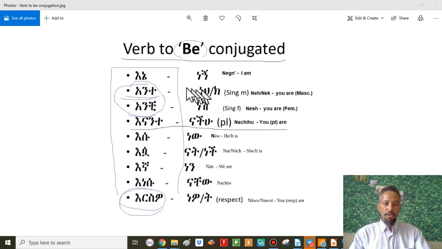I am using purely the Amharic, with the understanding that you have studied the alphabet. If you can't read this right now, go back to the first and second lessons and study the alphabet. Learning Amharic without studying the alphabet will be weird.